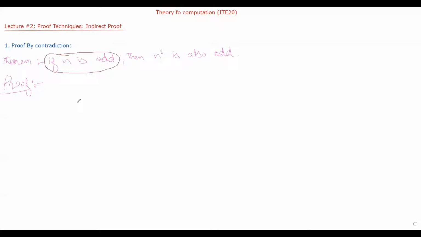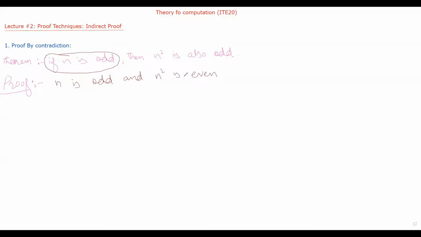That will determine that whatever we have assumed was wrong. What I am saying here is that if n is odd, then n square is also odd. We will assume that n is odd and n square is even.